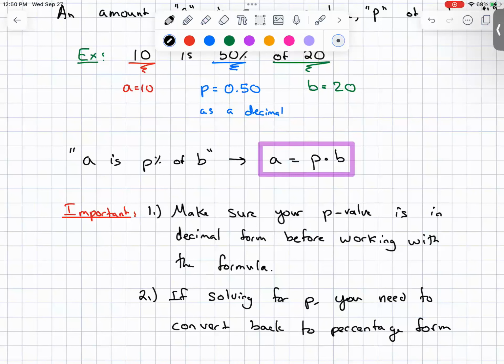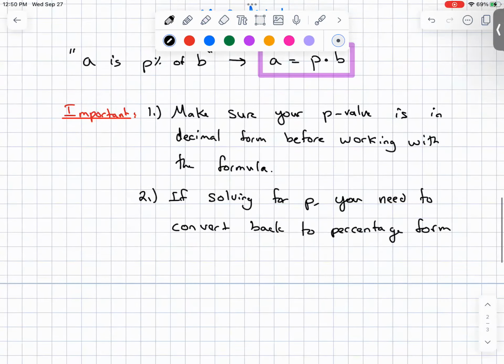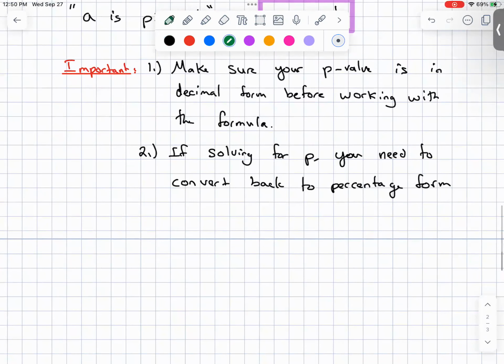Let's see how to find it. An example, and we're just going to run through several of them. So 1, what is 25% of 90?